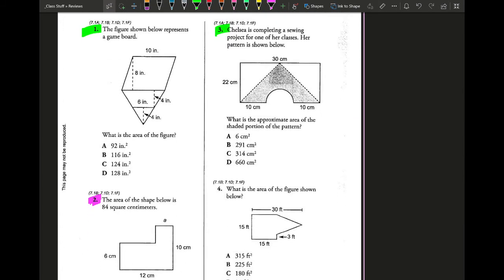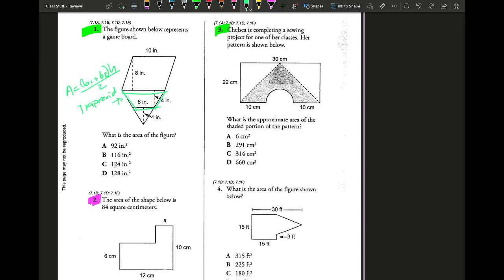Let's look at number 1. You have a trapezoid right here. I'm not going to do that one for you. But you have a formula. Base 1 plus base 2, you add them up. So you add the base on the bottom, the base on the top, and then you're going to multiply by the height.